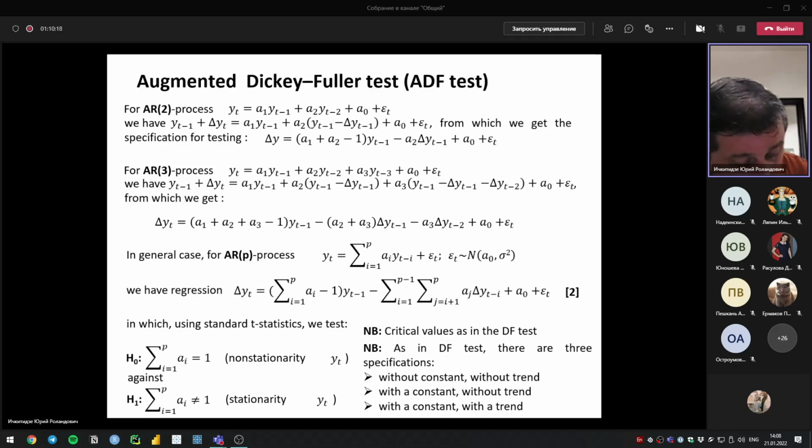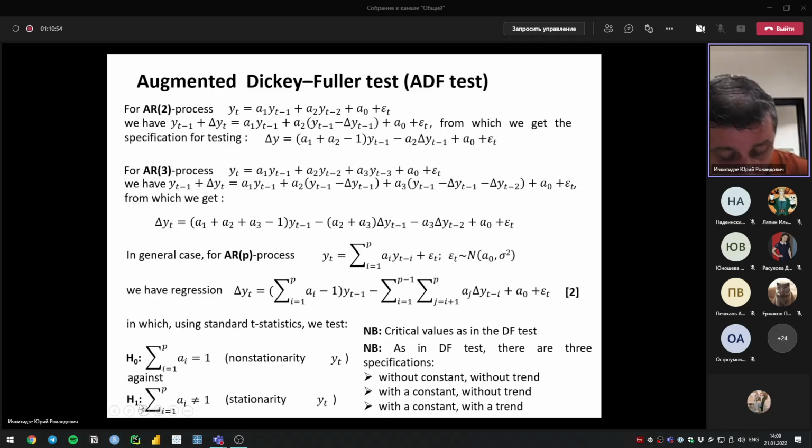And the same can be obtained by analogy when testing the IRP process in the general case, tested using standard statistics. The null hypothesis is that the sum of the autoregression coefficients is equal to 1, that is non-stationarity or presence of a unit root, against the alternative hypothesis that the coefficient is not equal to 1, that is stationarity.